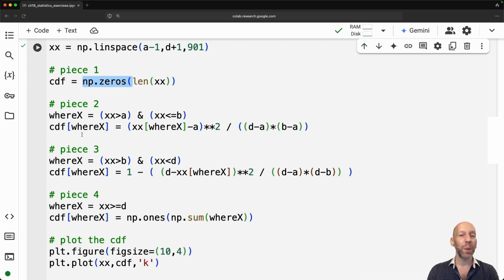And then the other 3 pieces have the same format with 2 lines of code, where the first line of code finds all of the x-axis values that correspond to that particular piece.